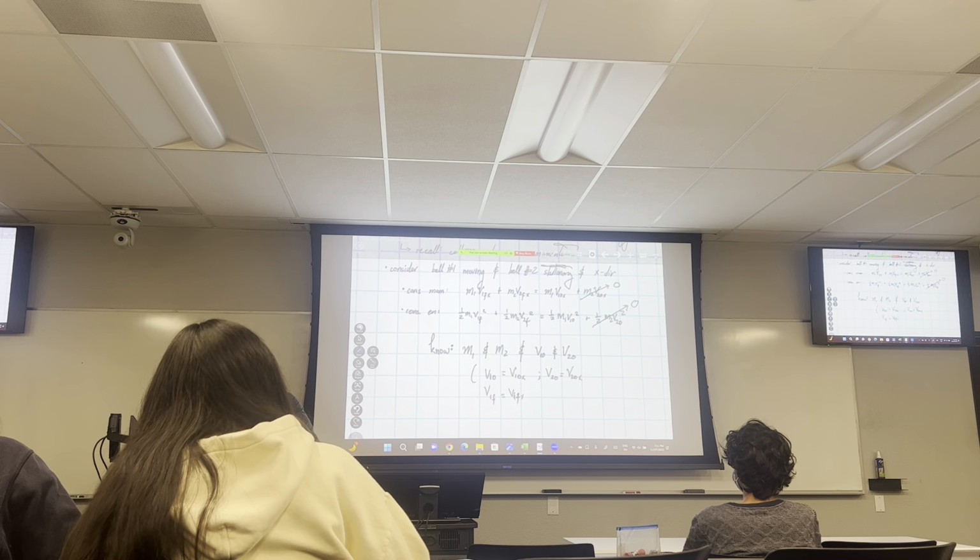V2f is also equal to V2 fx. Now for a collision, often what you want to know is the velocity of the final states, of the final scenario. What we want is V2fx and V1fx. That's what we are looking for.